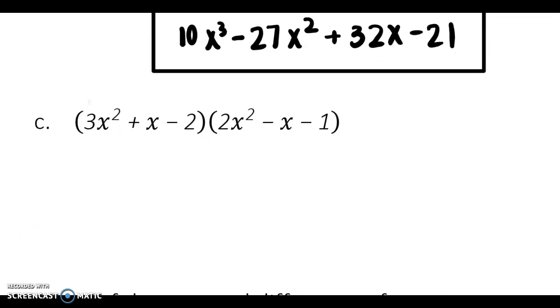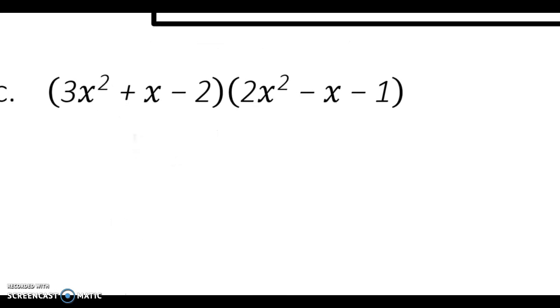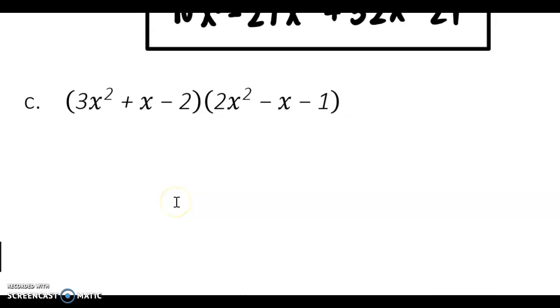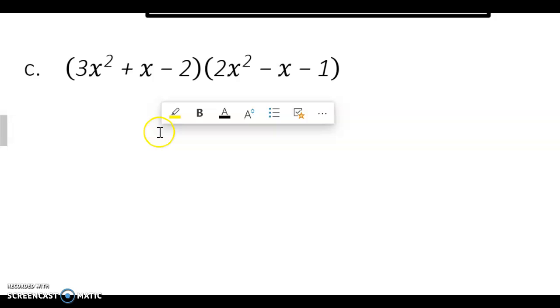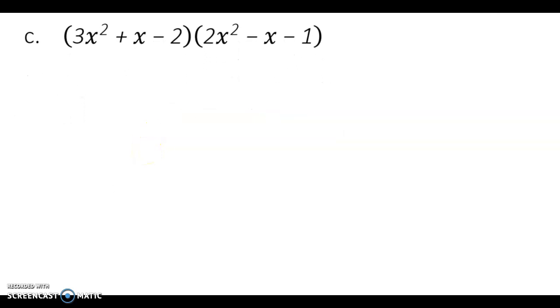And last one is a trinomial times a trinomial. So we're going to go ahead and I give myself some space here. So this would mean I would need a 3 by 3 because I have 3 terms in the first one and 3 terms in the next one. So I need a 3 by 3.